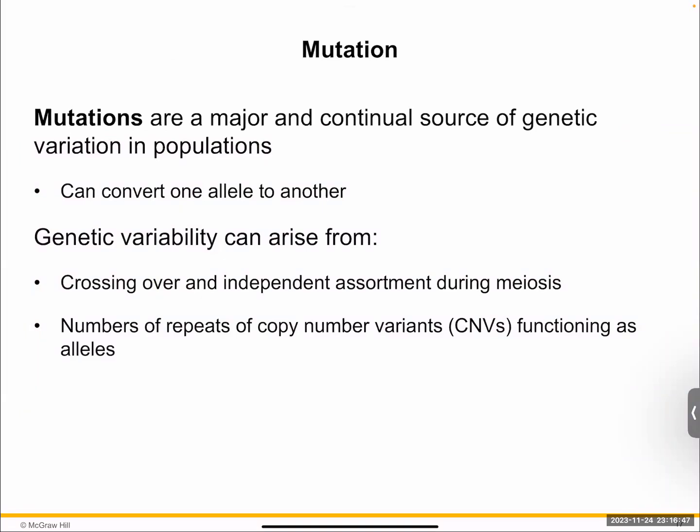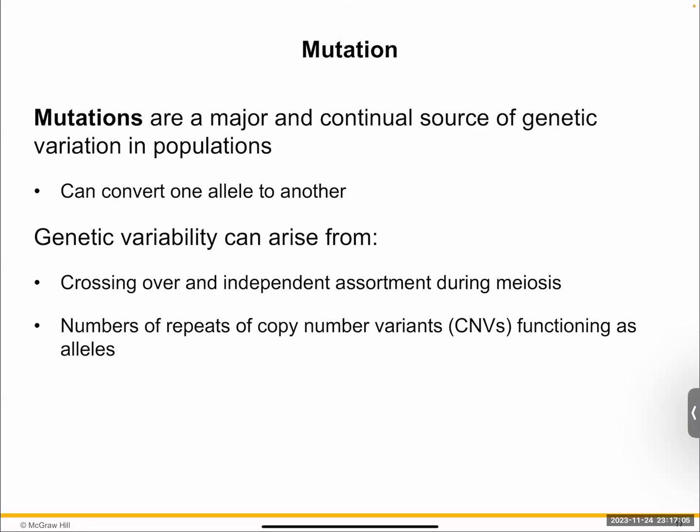Now, mutations, again, we have talked about in detail in a full lecture, so I'm not going to expand on what mutations are, but anything related to a change in the original DNA sequence will be considered a mutation.